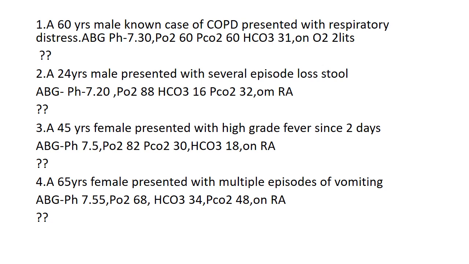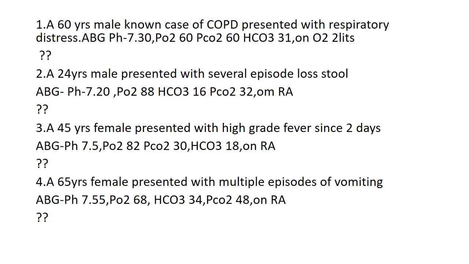Lastly, another case, a 65 years old female presented to us with multiple episodes of vomiting. Again, we did an ABG. We found that the pH is 7.55, so again it is more than 7.4. So it is alkalosis. Got it? Now we have to see whether it is respiratory alkalosis or metabolic alkalosis. In that case, look into the bicarbonate and the CO2.